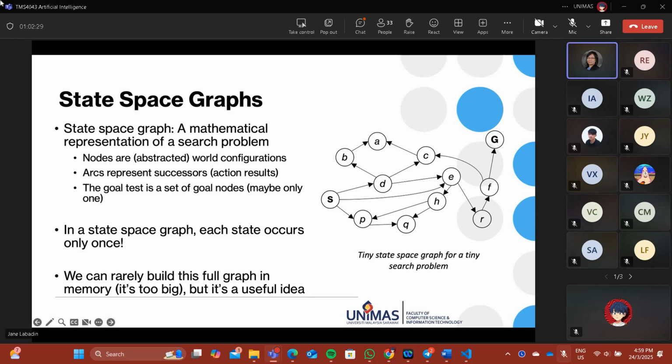This one is another example: a tiny state space graph for a tiny search problem. Well, it's not so tiny. It can be something like this, but even though it looks small, with only a few states, it still looks so messy as a graph.